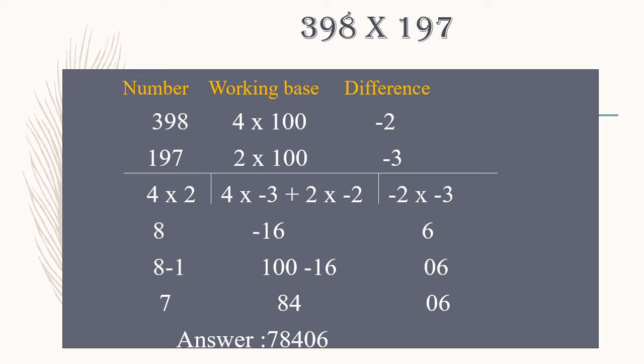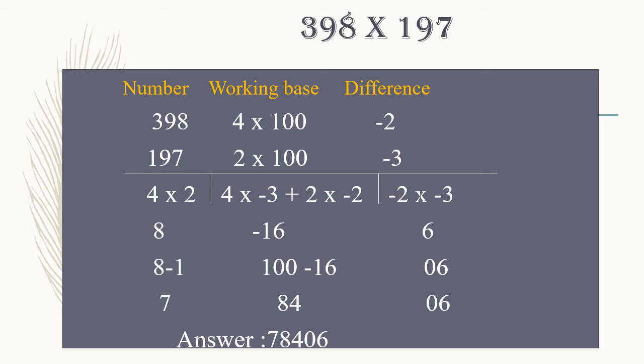Okay, so till now we have got 8 in the first part, minus 16 in the second part, and 6 in the third part. Let's start from the third part first. The third part should have 2 digits because the base has 2 zeros, so we write it as 06. The second part is a negative number, so it cannot stay negative.